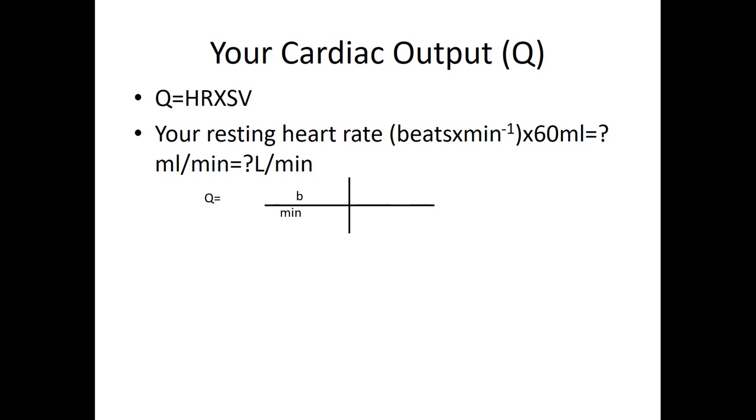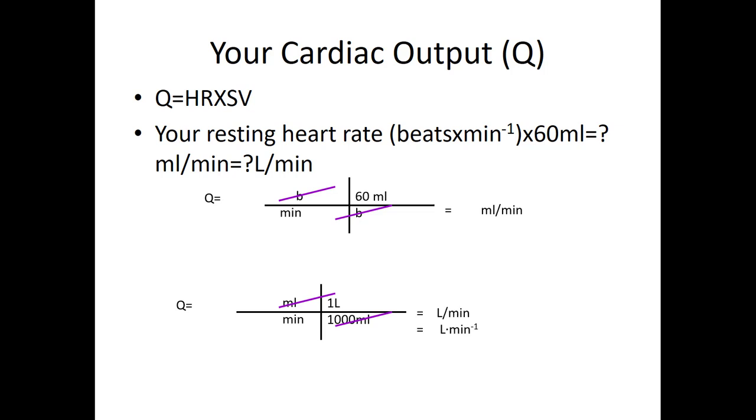Put in your beats per minute, multiply, and divide by 1,000. This number is your cardiac output.